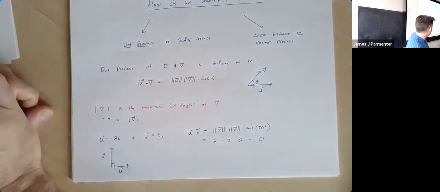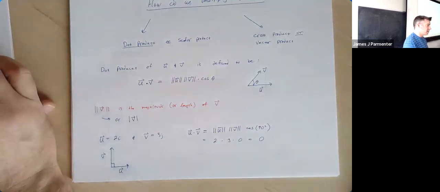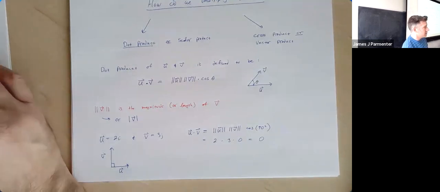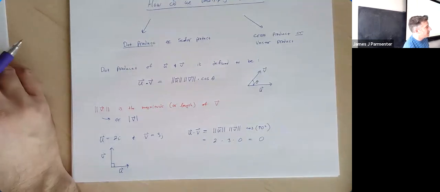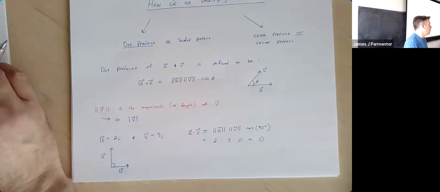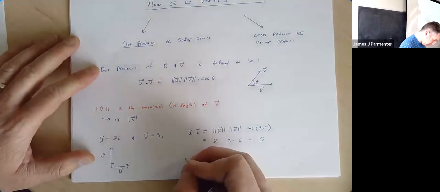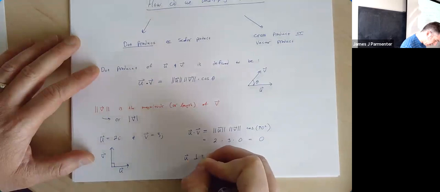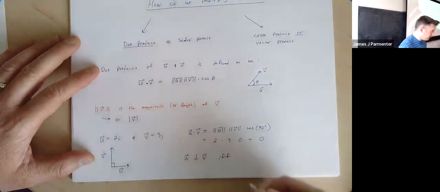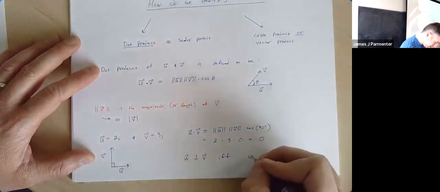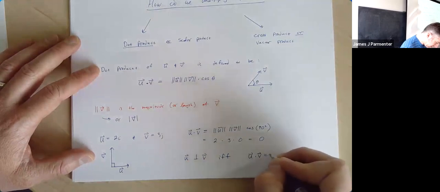Fun fact, whenever vectors are perpendicular, their dot product is 0. In fact, that's an if and only if statement. Vectors are perpendicular if and only if their dot product is 0. So u is perpendicular to v if and only if, that's what the double F means, u dot v is equal to 0.